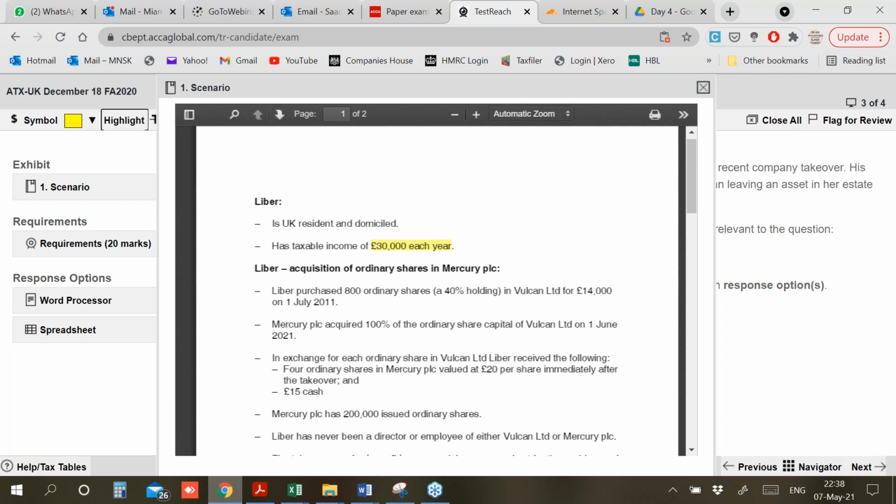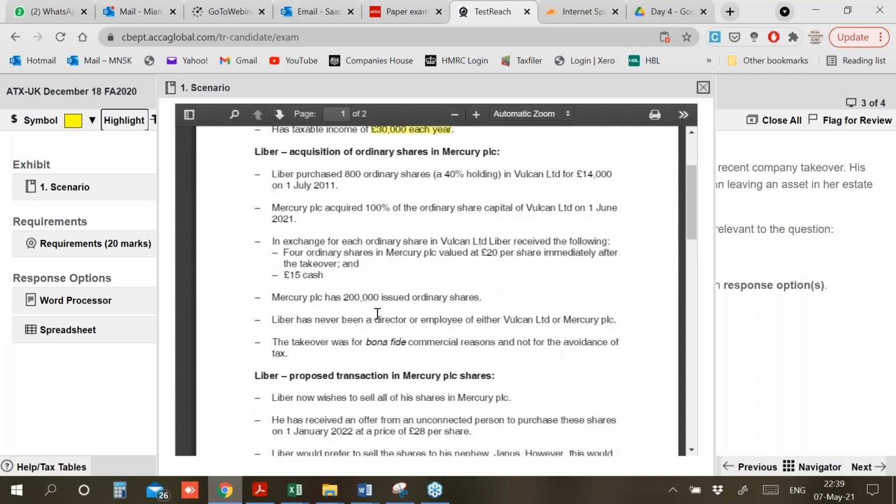So obviously LIBOR, being the shareholder of V Limited, will now have become the shareholder of MPLC because MPLC has bought V Limited. In exchange for any ordinary share in V Limited, LIBOR received the following: 4 ordinary shares in MPLC valued at 20 per share after the takeover and £15 cash. So we have to determine how much cash she would have received and what will be the value of her shares because we have to create a base cost.